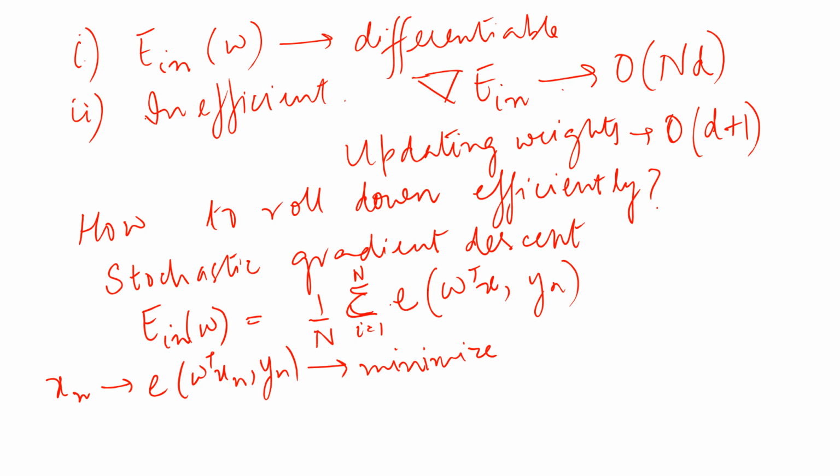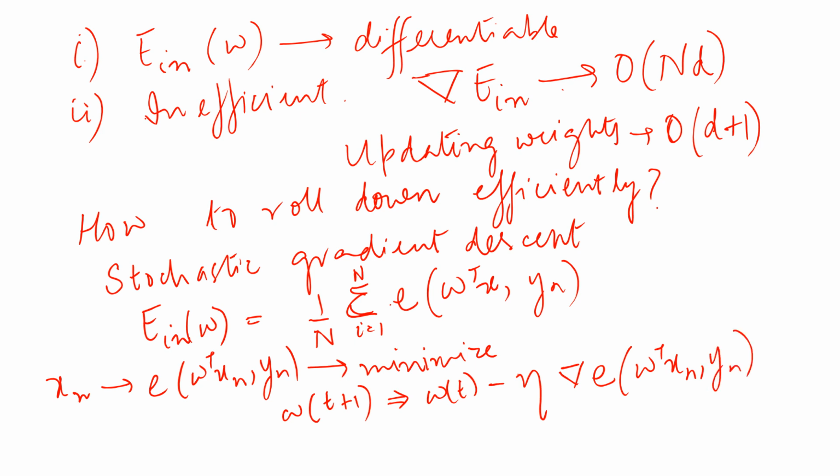That's what this means. So in terms of the update rule, what we're doing is w_{t+1} equals w_t minus eta times the gradient of this error, which is a function of x_n, y_n. So if you think about this one point, you randomly pick that point, calculate the error, minimize the error, and do the update using the gradient.